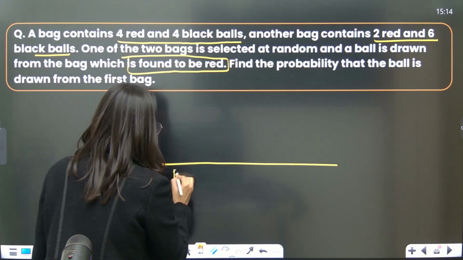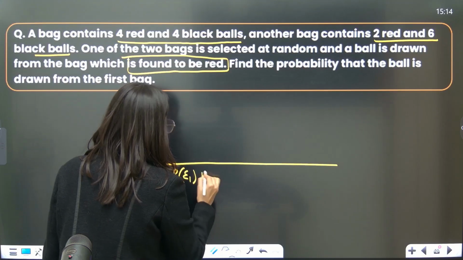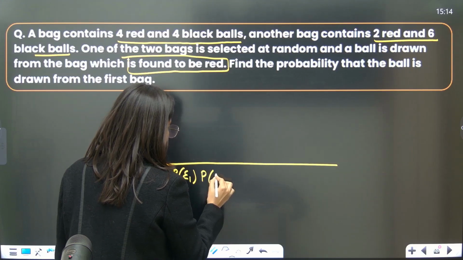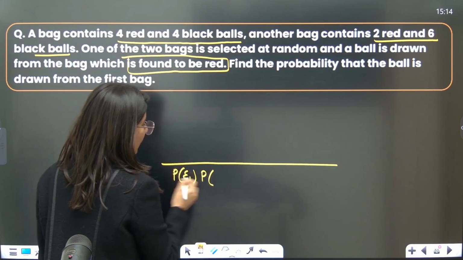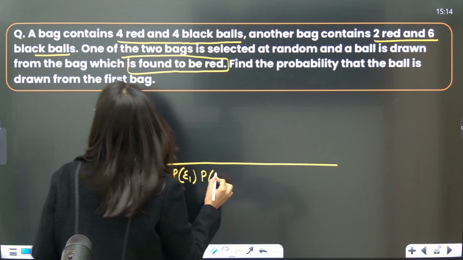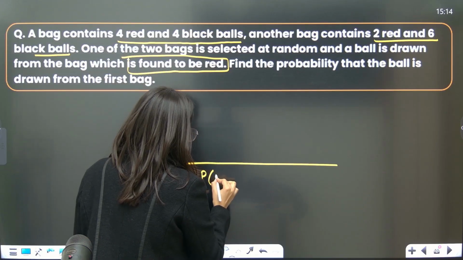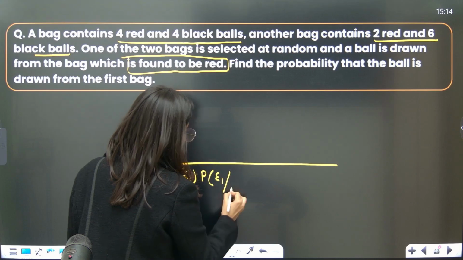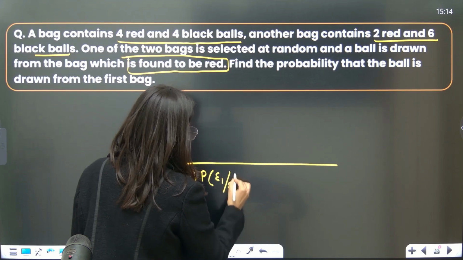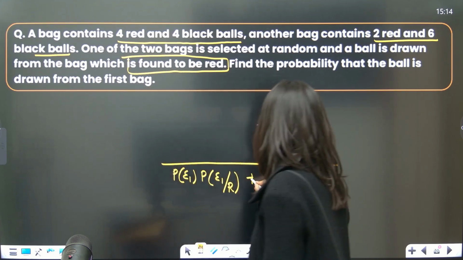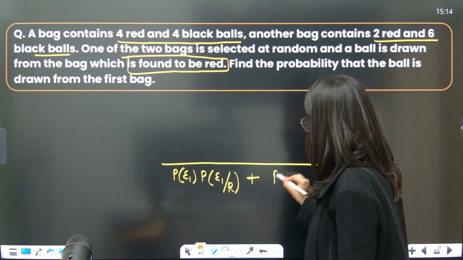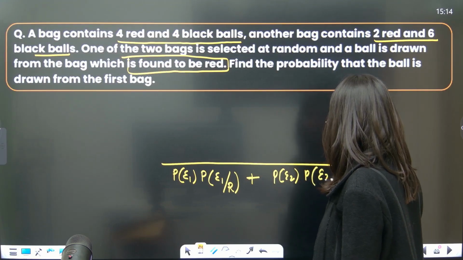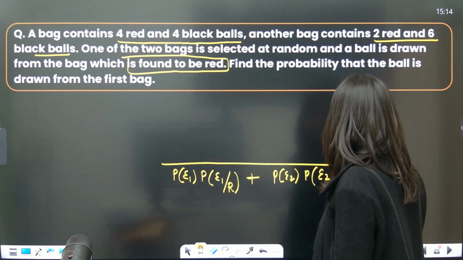So probability of E1, probability of selecting a bag, multiplied by the probability that the ball is from bag number 1, given that it is a red colored ball, plus the probability of selecting a bag, E2, given that it is a red colored ball.